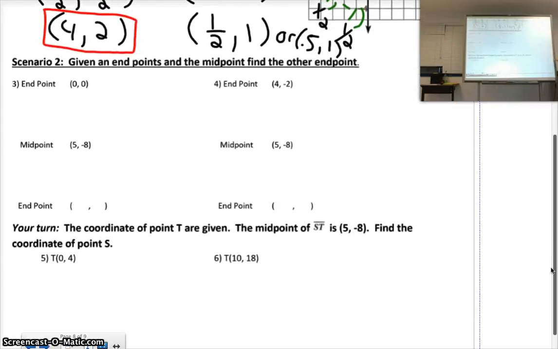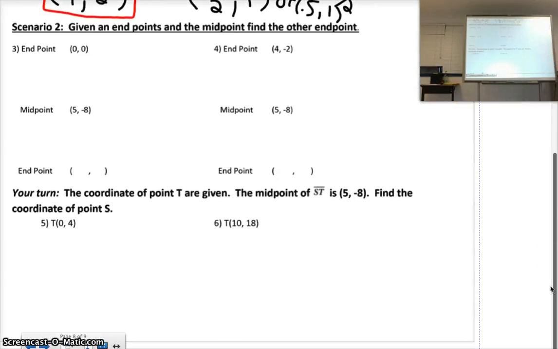The question down here says, given an endpoint and the midpoint, find the other endpoint. Okay, so I'm going to show you the same method that we showed you in class. So here, this is one of our endpoints, 0, 0, and then we have a midpoint, 5, comma, -8. I want to know the other endpoint.